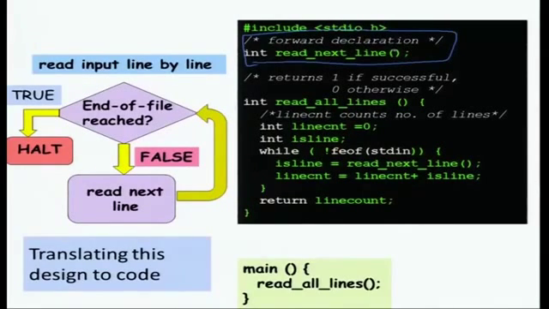Basically, it takes no arguments and it will return an integer value, and I will terminate that statement by using a semicolon, which says that I will currently just give the type of the function, and I will define the function later.